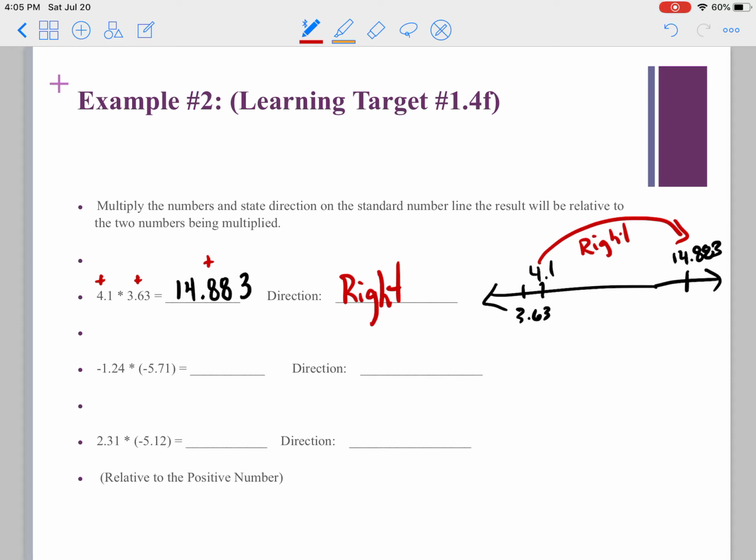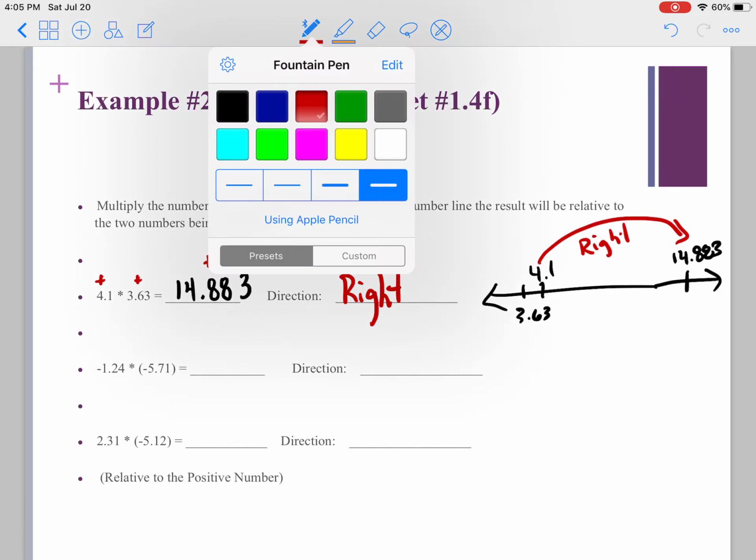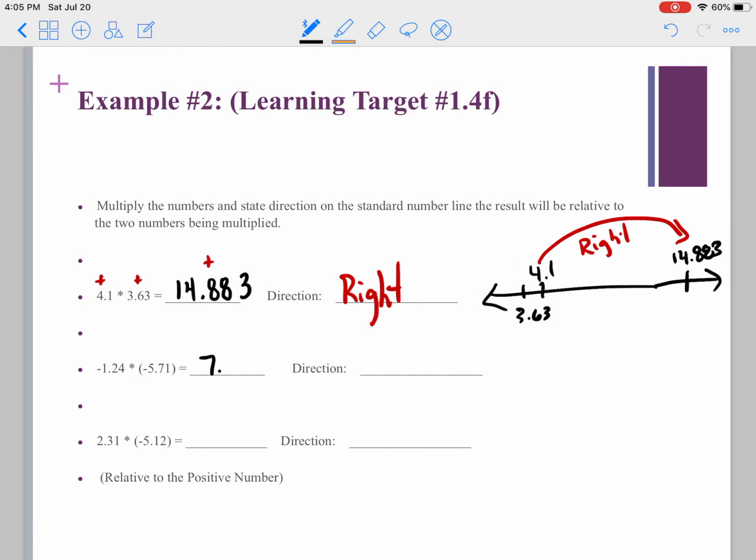Looking at the next example where we are multiplying negative 1.24 times negative 5.71, we end up with 7.0804. This time, however, we multiplied a negative times a negative, but remember, it's not that multiplying two negatives equals a negative.